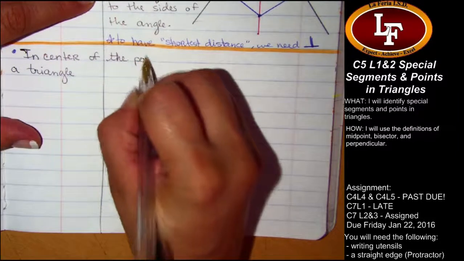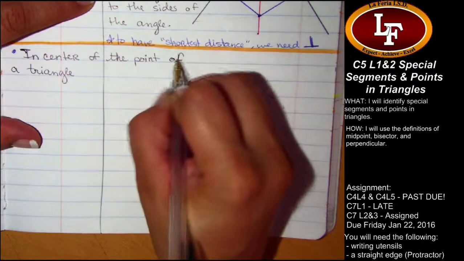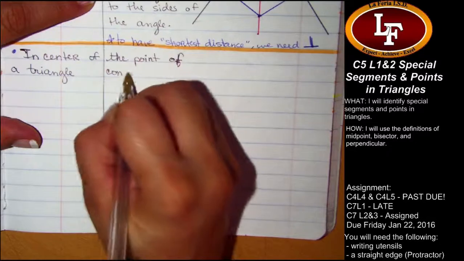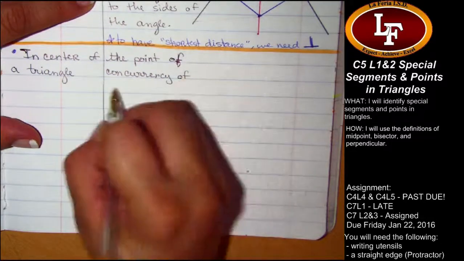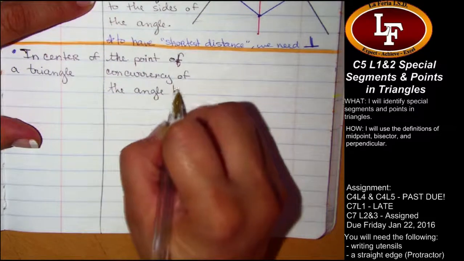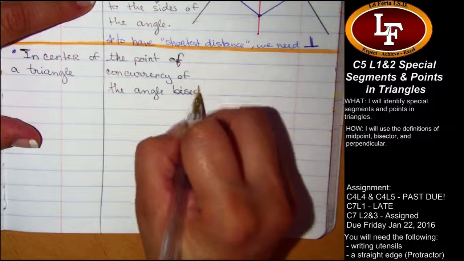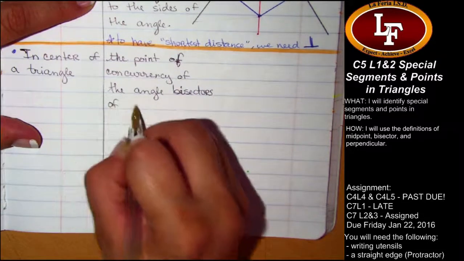You'll see once we finish the definition. The incenter is the point of concurrency of the angle bisectors of a triangle.